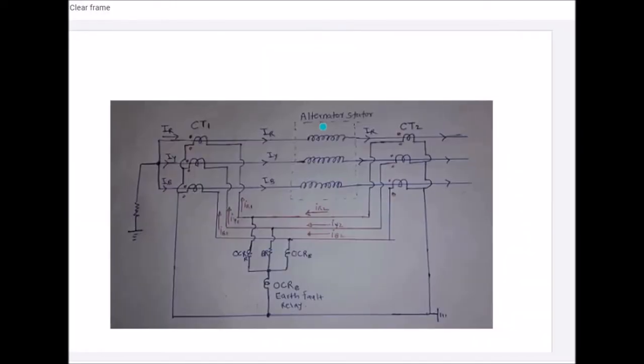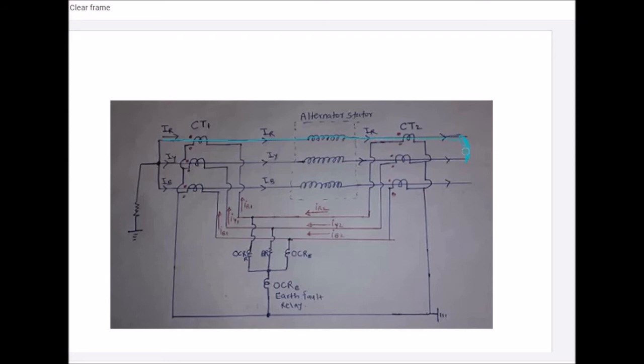Now we will see the operation of this modified differential protection. If a fault occurs externally, assume an external line-to-line fault occurs on R phase and Y phase. Then how does the fault current flow? The fault current flows like this.